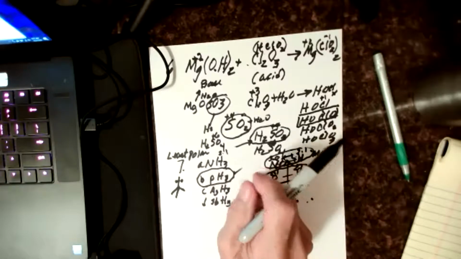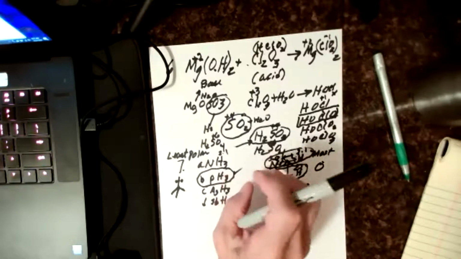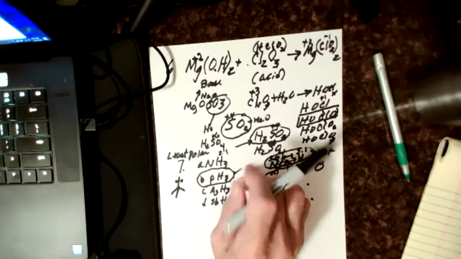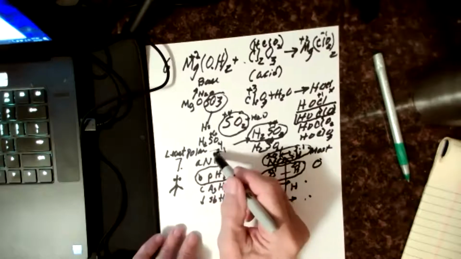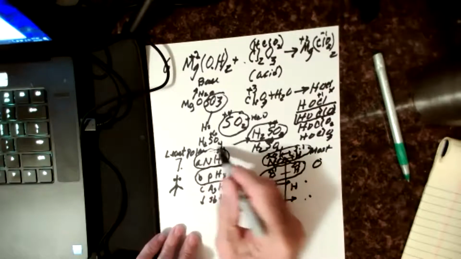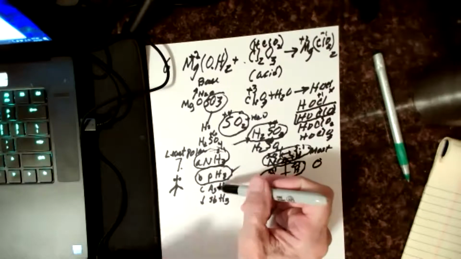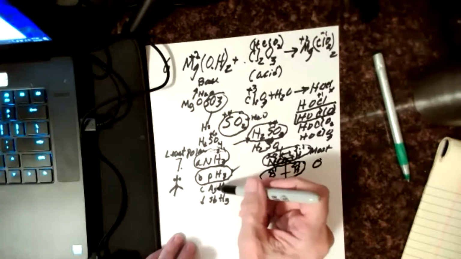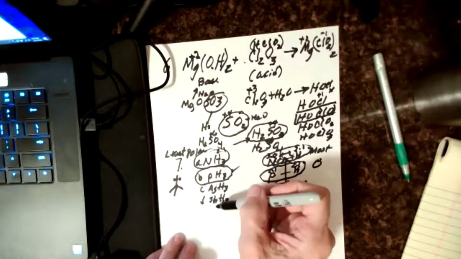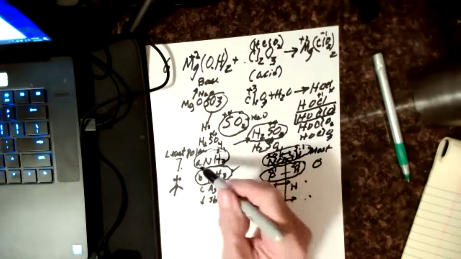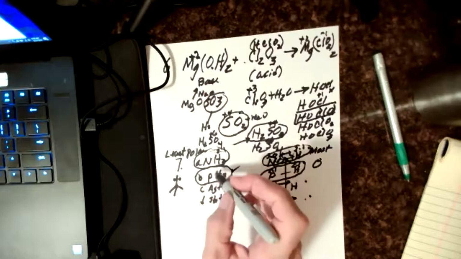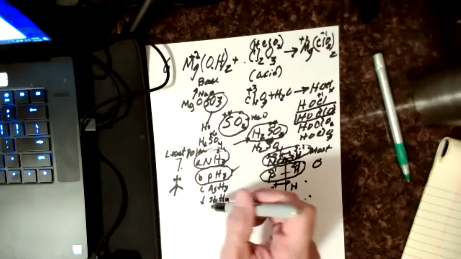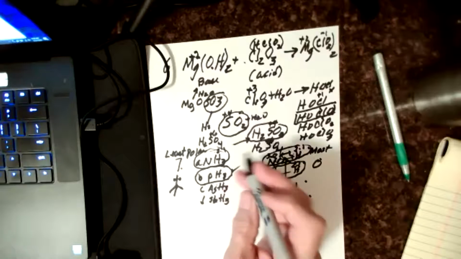Now, it would have been a little harder, but not that much harder, to have asked you which one is the most polar. You should have been able to figure out that it was that one. It would have taken a little more thinking to see what the order would be down here to go from one of these to the next. That would have been difficult. So it would have really been a difficult problem if I said, rank these 4 molecules in order of increasing or decreasing dipole moment.